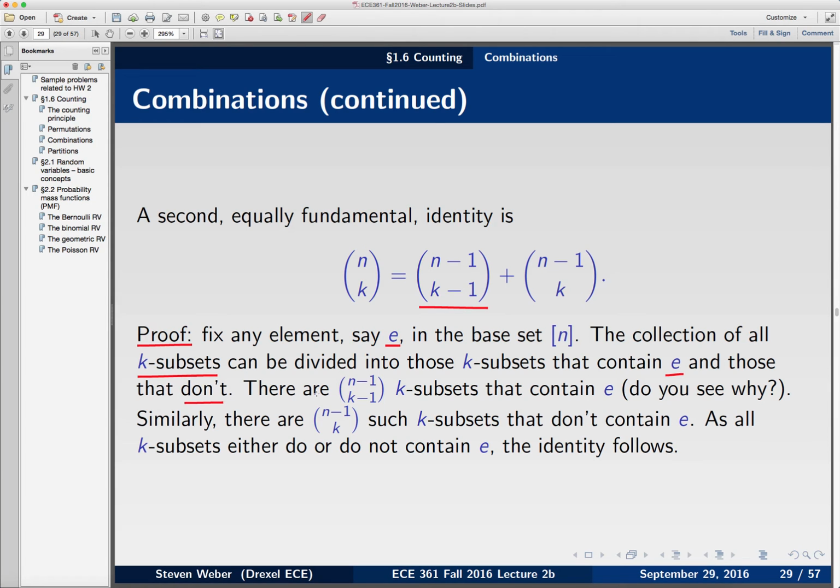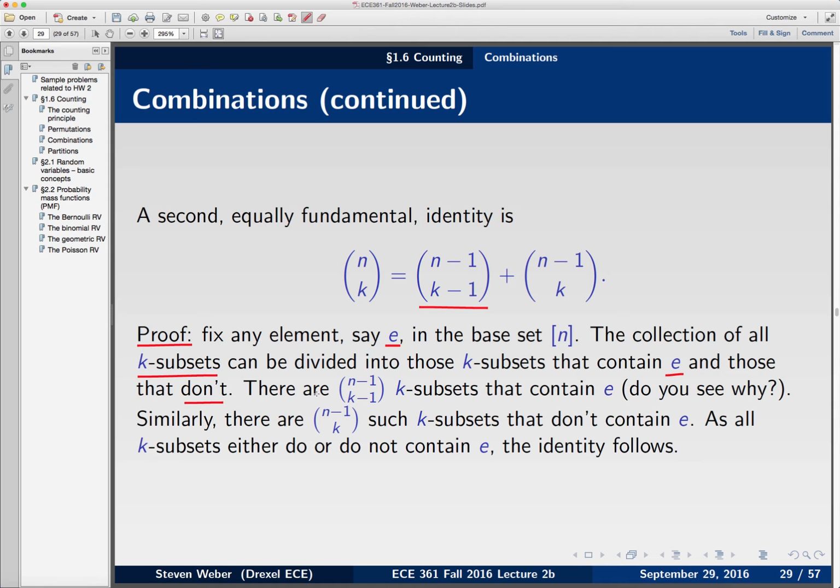For the k-subsets that contain E, how many ways can I form such a subset, given that E must be an element in it? Well, if a k-subset has a fixed element E, I'm using up one of my slots for that element. I've also taken that element E out of the bag of n elements in the ground set.